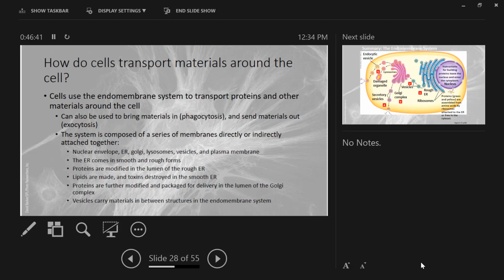It's got to have some sugar or some lipid added onto it. Okay, now it's in the Golgi apparatus. Where does it go from there? Another vesicle. Because the Golgi apparatus is not physically attached to the plasma membrane. So it's got to go to another vesicle that will transport it from the Golgi apparatus to the plasma membrane.